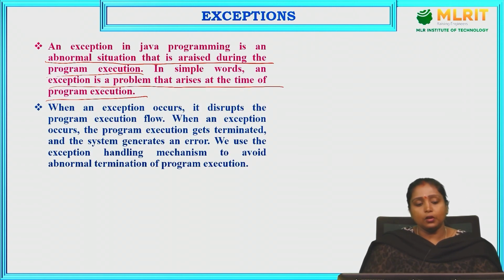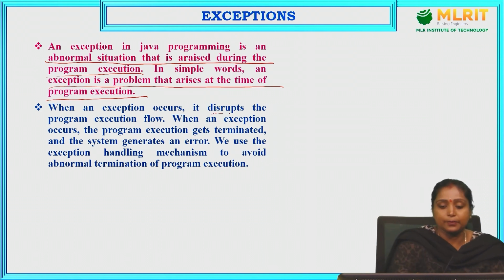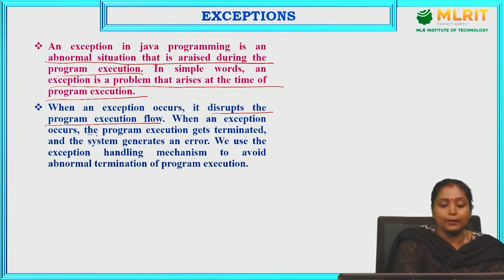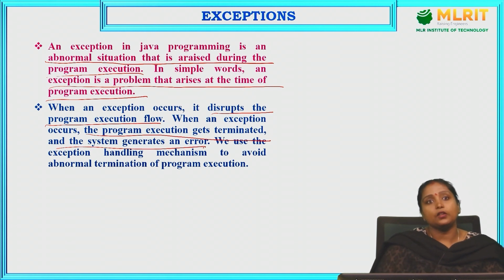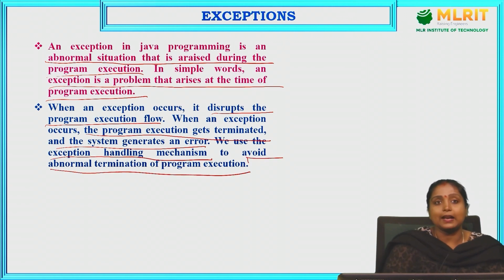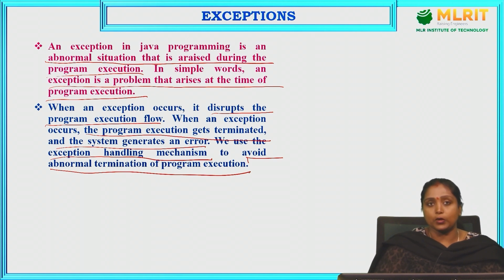When an exception occurs, it disrupts the program execution flow, the program execution gets terminated and the system generates an error. So, we use the exception handling mechanism to avoid that abnormal situation during program execution.